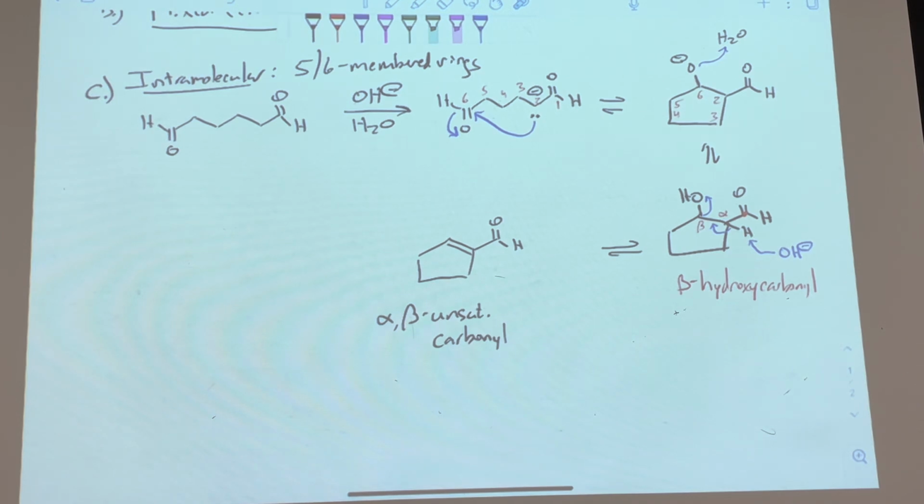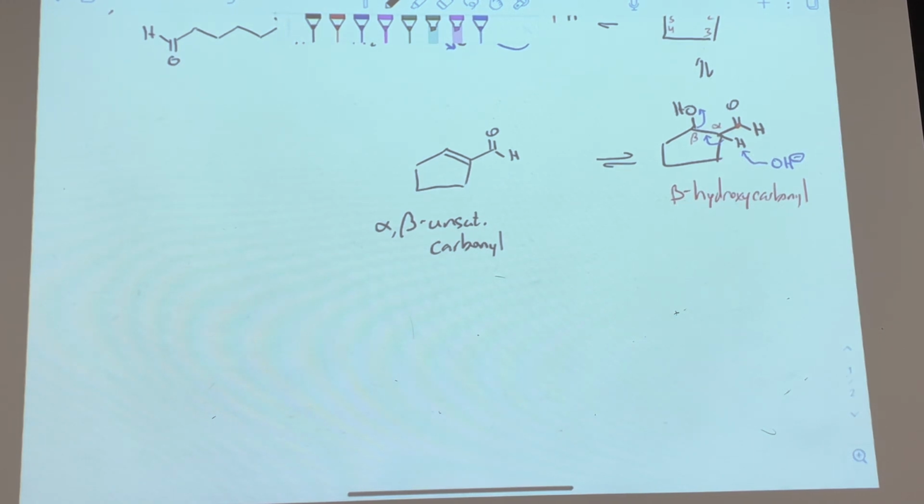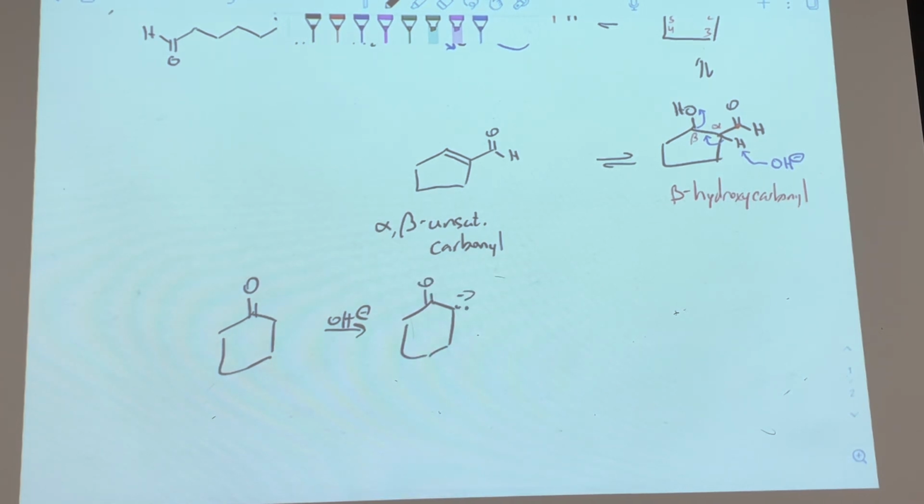Professor, is it always the alpha hydrogen that gets deprotonated? Yeah, because none of the other hydrogens are remotely acidic. Remember, the whole reason why the alpha proton is unique, and we can do all of this chemistry, is because if you deprotonate it, it can be delocalized into the carbonyl.